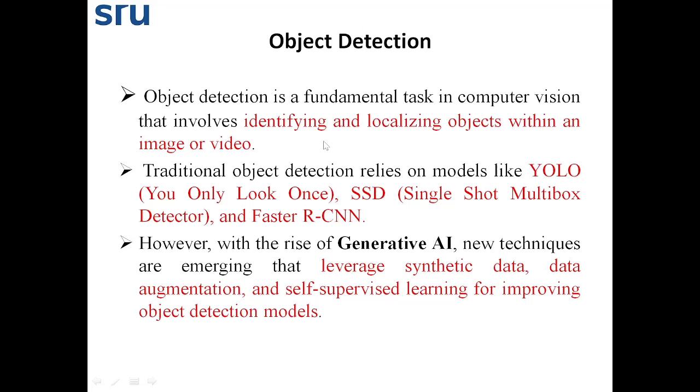Object detection. It is a fundamental task in computer vision which involves identifying and localizing objects within an image or video. Traditional object detection relies on models like YOLO, you only look once, SSD, single shot multi-box detector, and Faster R-CNN.